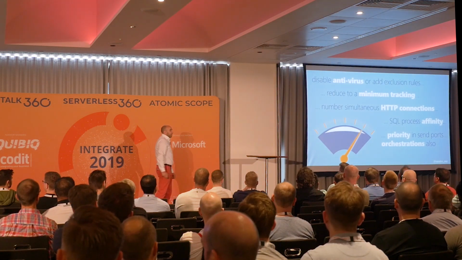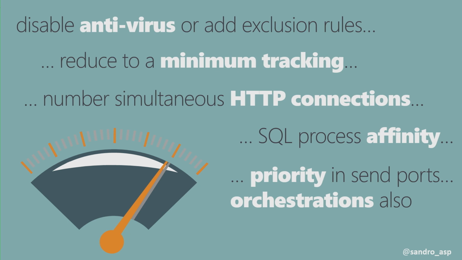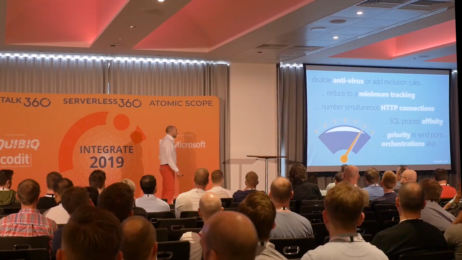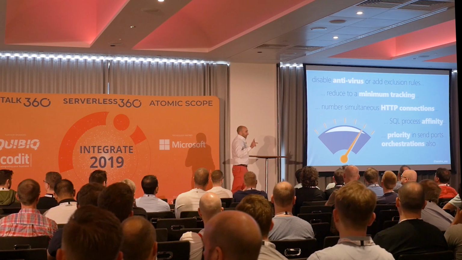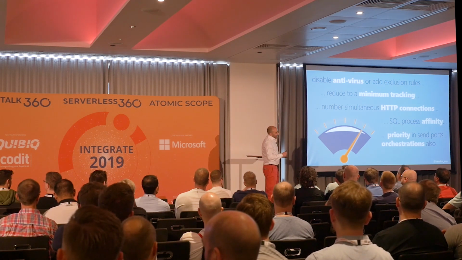I still need to disable the antivirus, okay? Not yet. I had sent it to the teams. They need to disable the antivirus for me to get better performance. And I'm using full tracking, so I need to disable the tracking, okay?